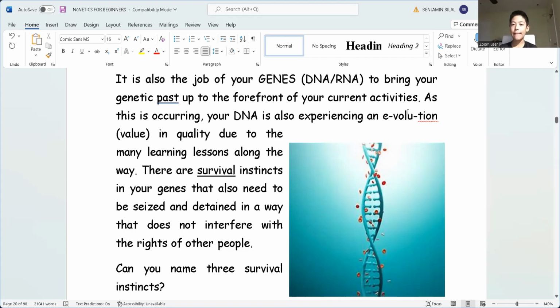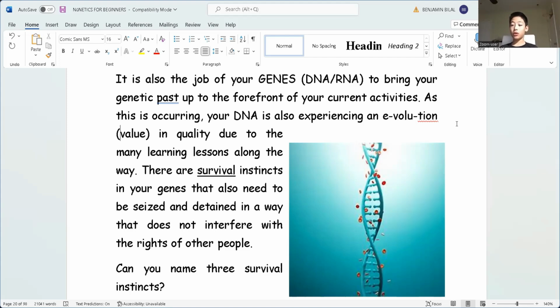So evolution, if E means to go out, what does evolution mean about the value? What is it saying about value? About how evolution is valuable. Yeah. And it's always coming out of you.